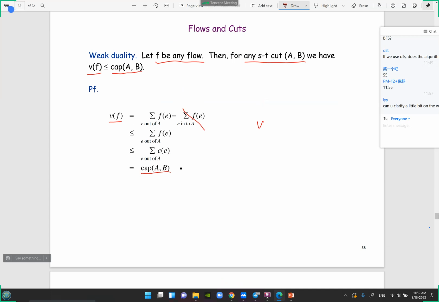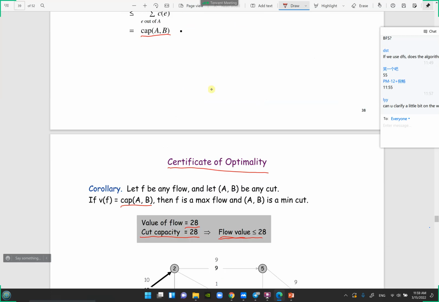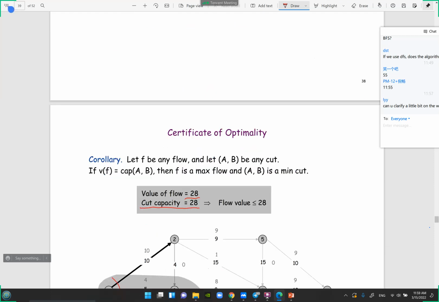Now, why is this weak duality useful? It's because you can use it to certify, to prove that a flow is maximum. Suppose you find some cut, and it has some capacity, let's say 28. And now if you can find another flow which also has size 28, then you know that this is the best possible flow, the largest possible flow.